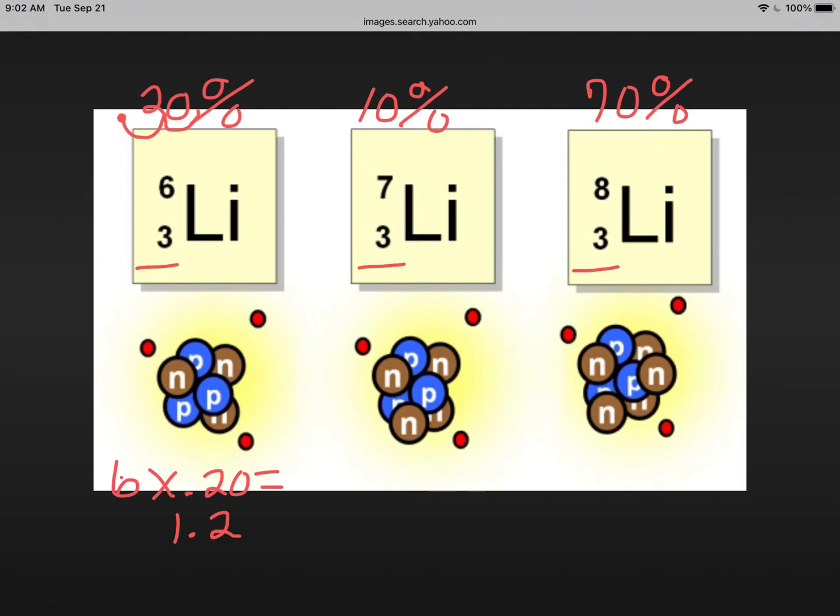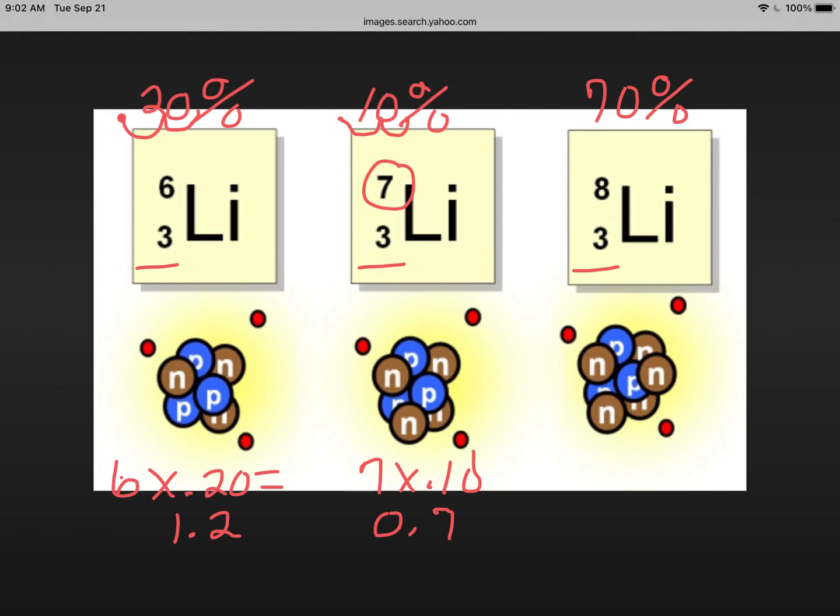Okay, now let's do the second isotope. I have 10%, so we're going to move it twice. And my mass is 7. So you're going to take your mass, 7 times your 0.10, and multiply that out. And so what does that give you? Very good. It gives you 0.7.